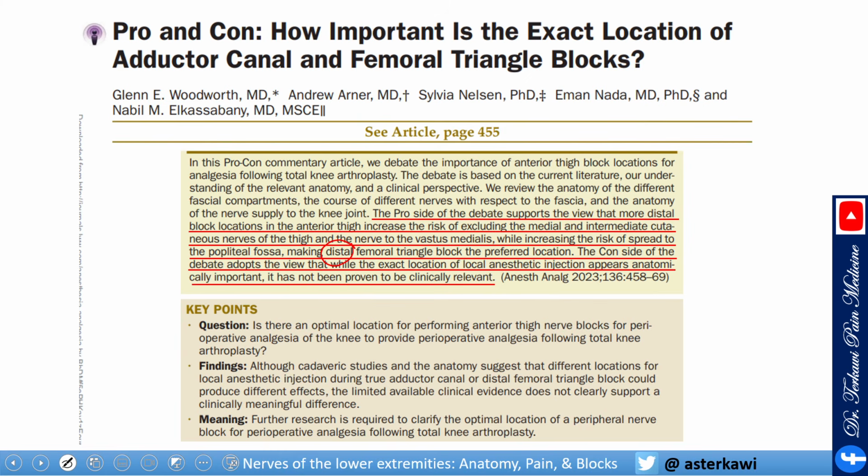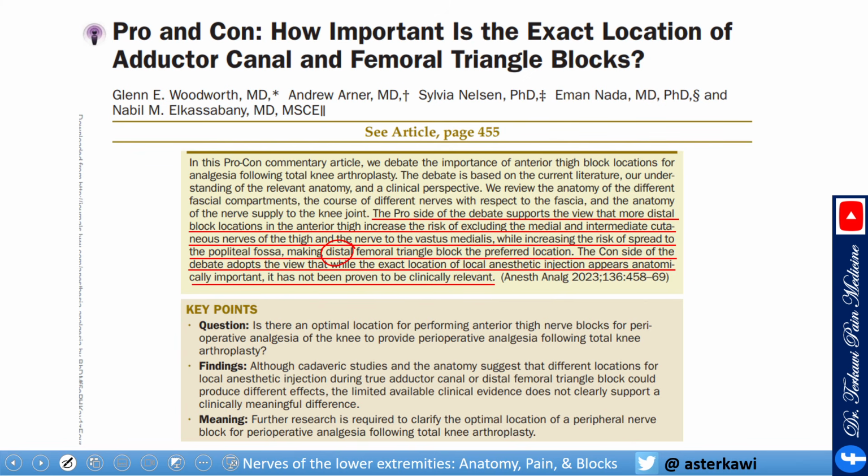The con side of the debate adopts the view that while the exact location of local anesthetic injection appears anatomically important, it has not been proven to be clinically relevant.